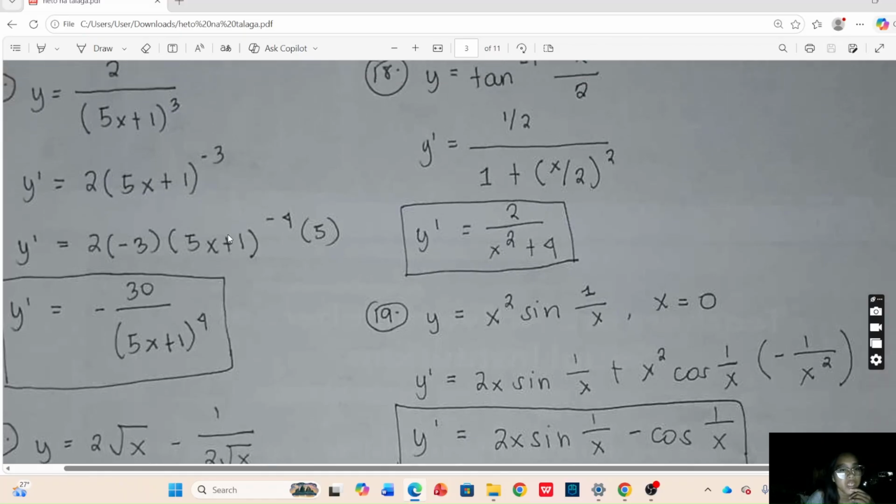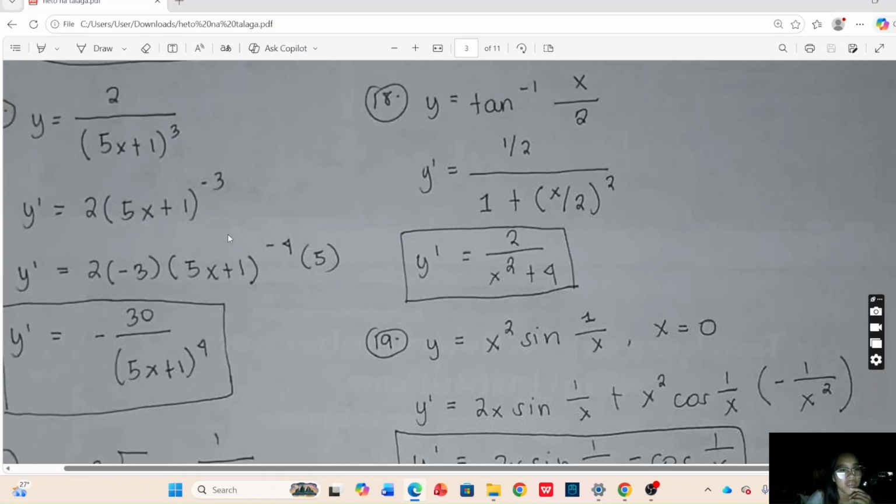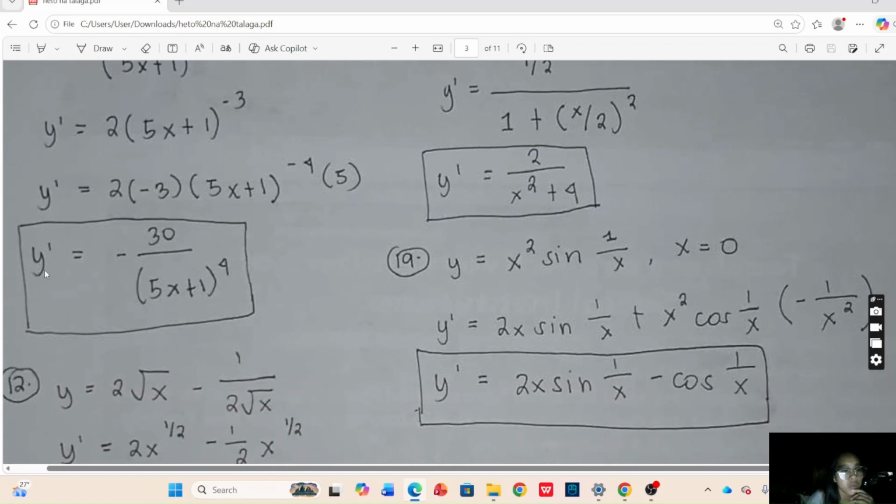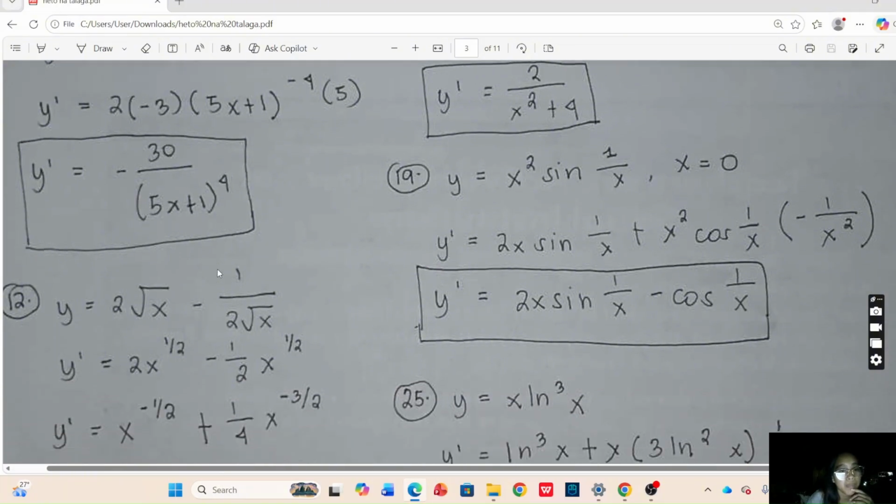But we have to transform it again into the original quotient form. So our final answer, y prime, is equal to negative 30 over the quantity 5x plus 1 raised to the power of 4.